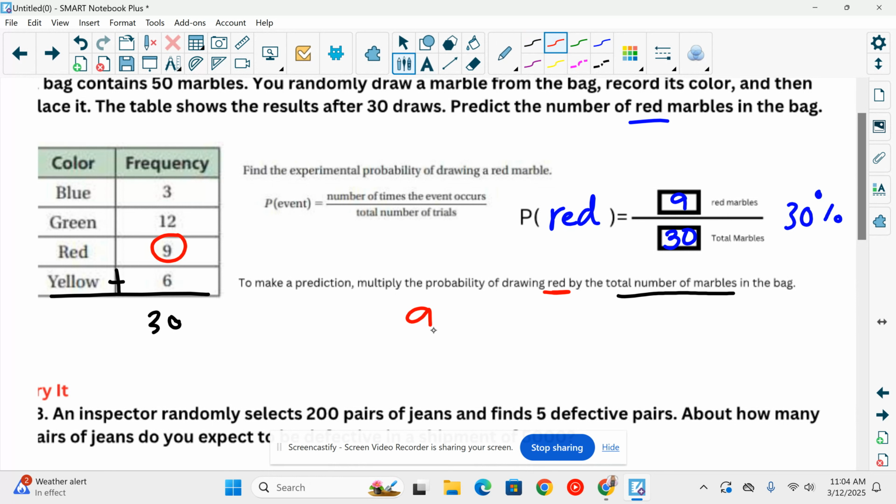Drawing red, 9 out of 30. Okay, by the total of what? A total number of marbles, which is what? 30. 9 out of 30 is 30%.